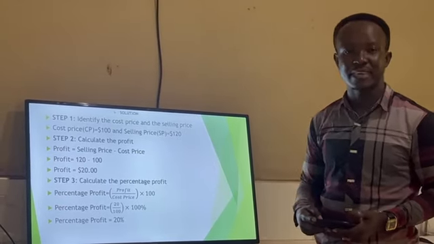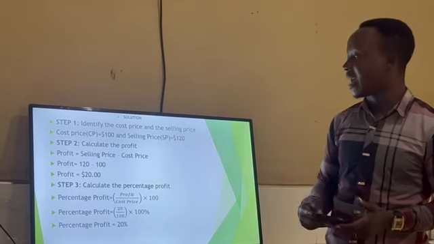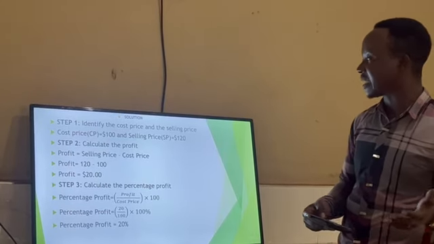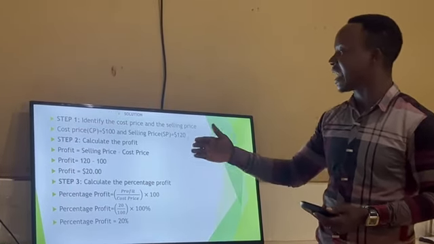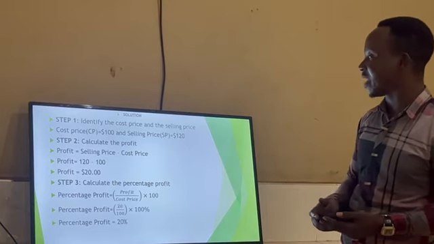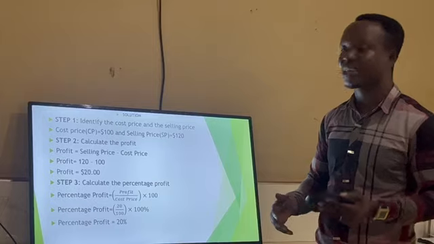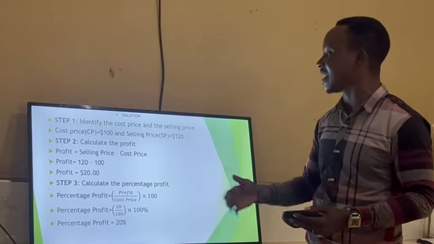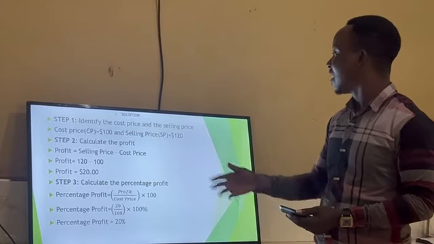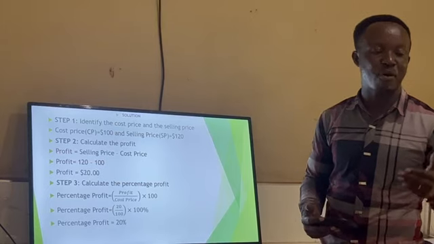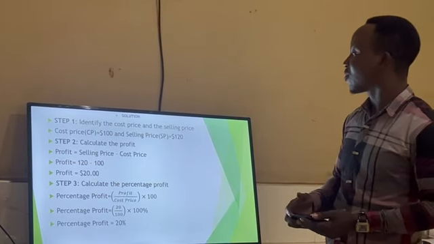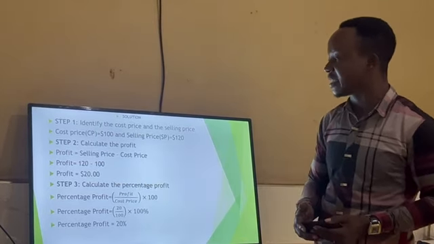This is the solution, like what we did in the previous question. You identify the cost price and then the selling price. You subtract, then you are going to get the profit. So the cost price is what? $100. Very good. What is the selling price? Yes, $120. So how do we get the profit? Yes, very good. $120 minus $100.